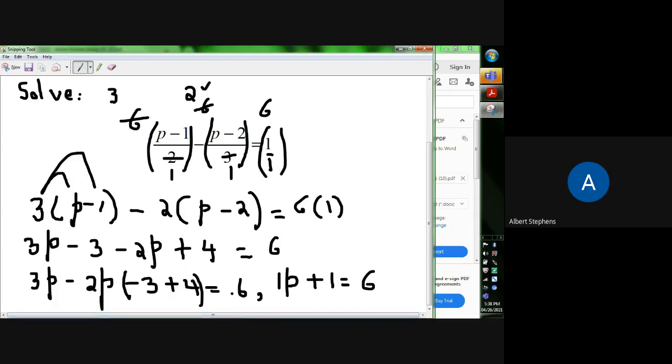So you write back this 6. And then we'll just solve this equation. Yet again, p or 1p plus 1 equals 6. So we'll just subtract 1 from the left and 1 from the right. Therefore, p is equal to 5.